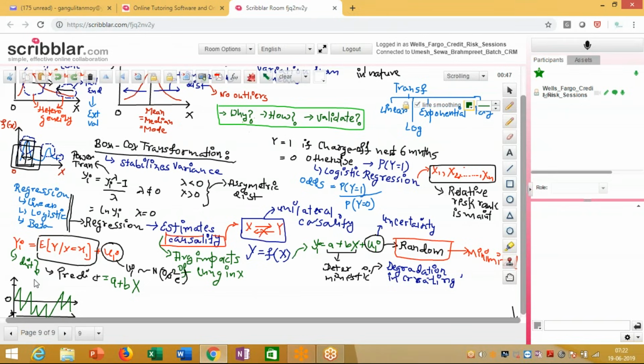So over here, one very important part is to assess the distribution of the variable.